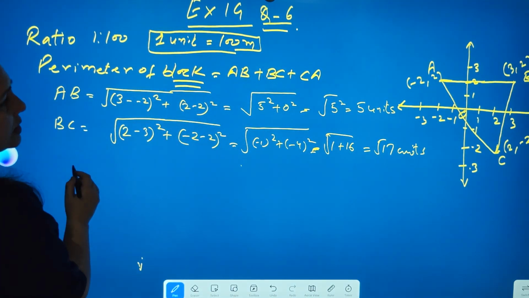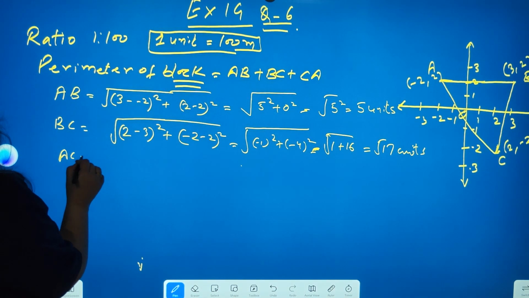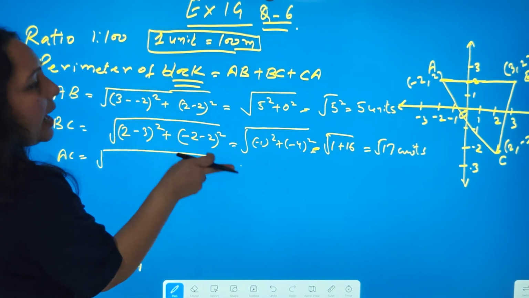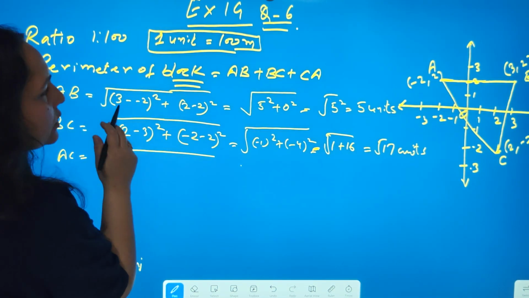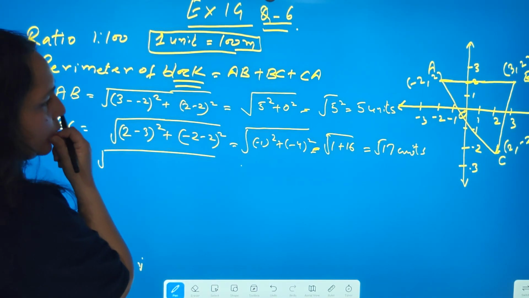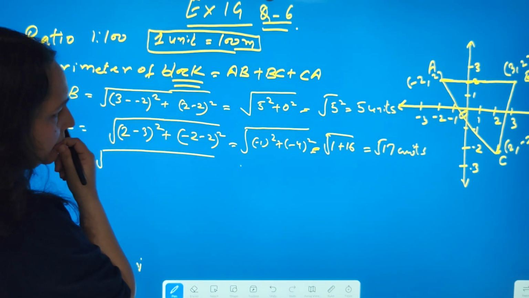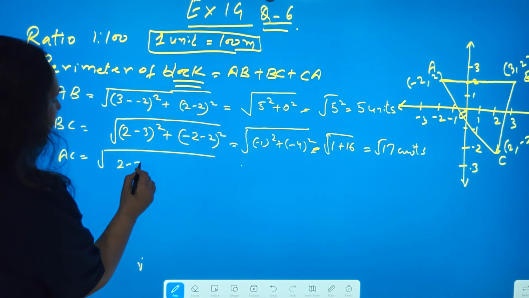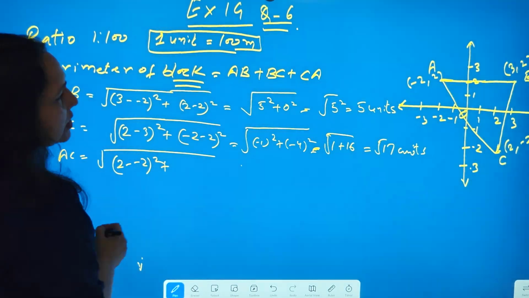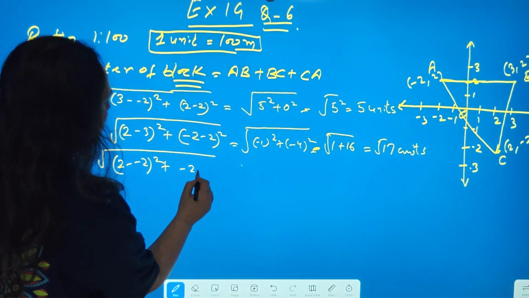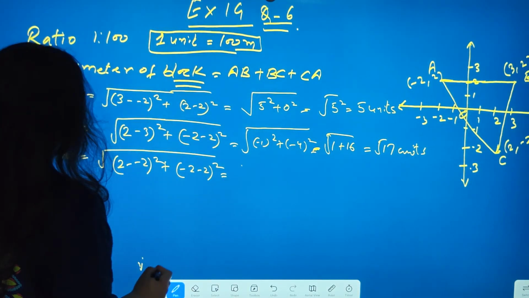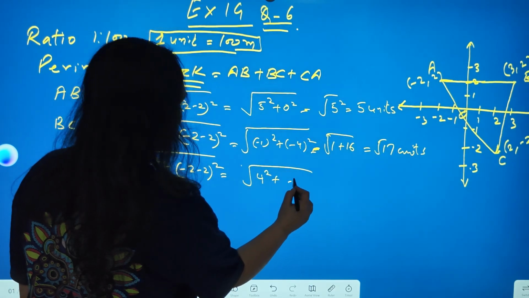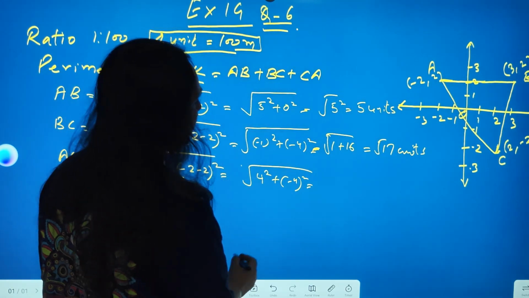Now, the next value is AC. AC is again x2 minus x1, so that is equal to the square root of 2 minus 2 whole square plus minus 2 minus 2 whole square. So it will be 4 square plus negative 4 square.